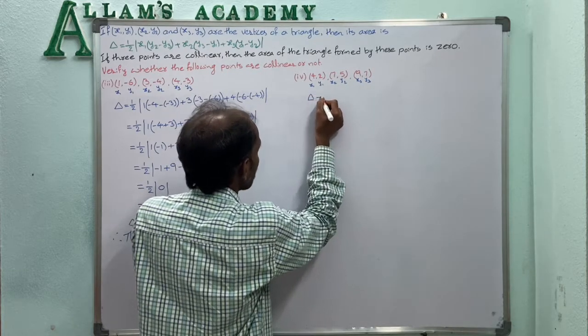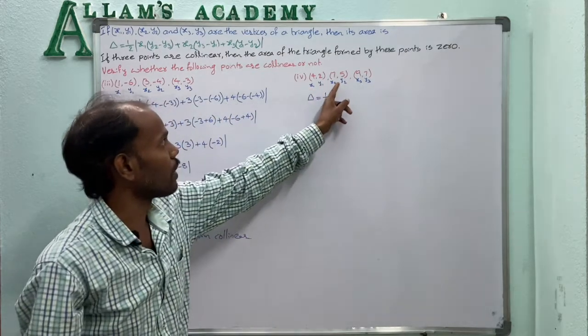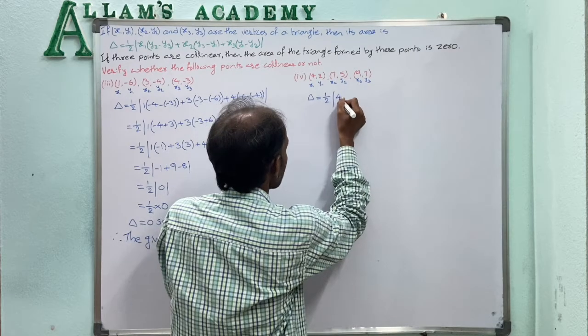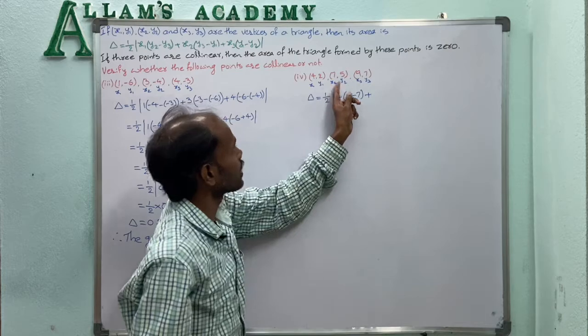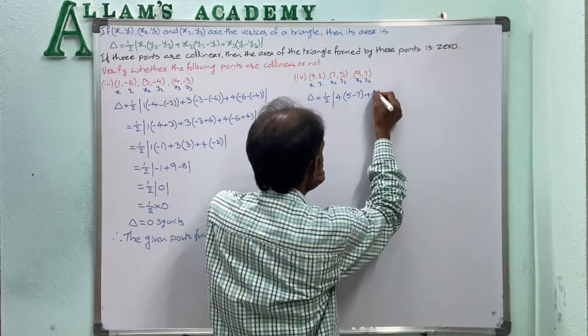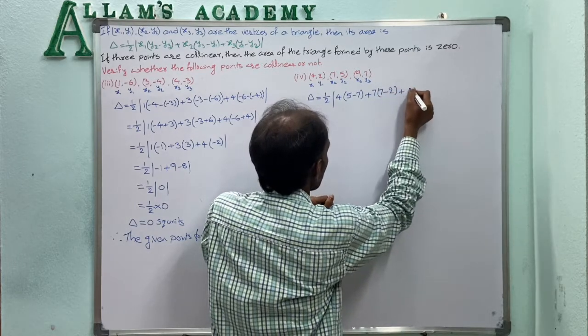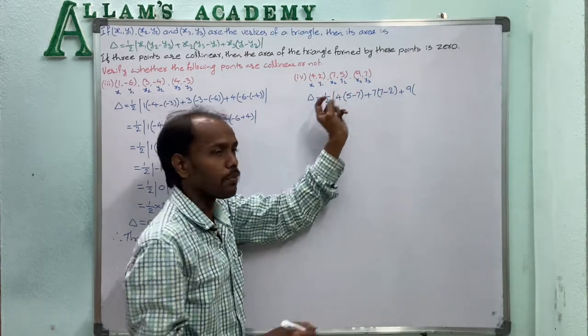Then the area of the triangle delta is equal to half mod of x1 into (y2 minus y3), that is 4 into (5 minus 7), plus x2 into (y3 minus y1), 7 into (7 minus 2), plus x3 into (y1 minus y2), 9 into (2 minus 5).